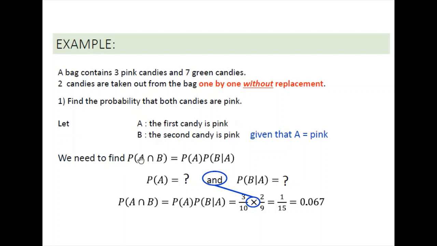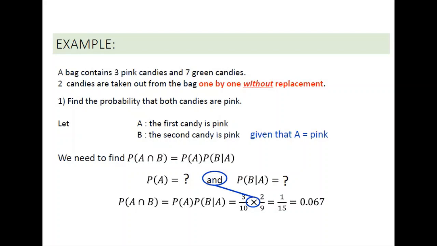So the probability of the first one is pink and the second one is pink, it means both of them are pinks. According to the multiplication formula, it is the probability of the first one is pink multiplied by the probability of the second one is pink, given that the first one was pink.